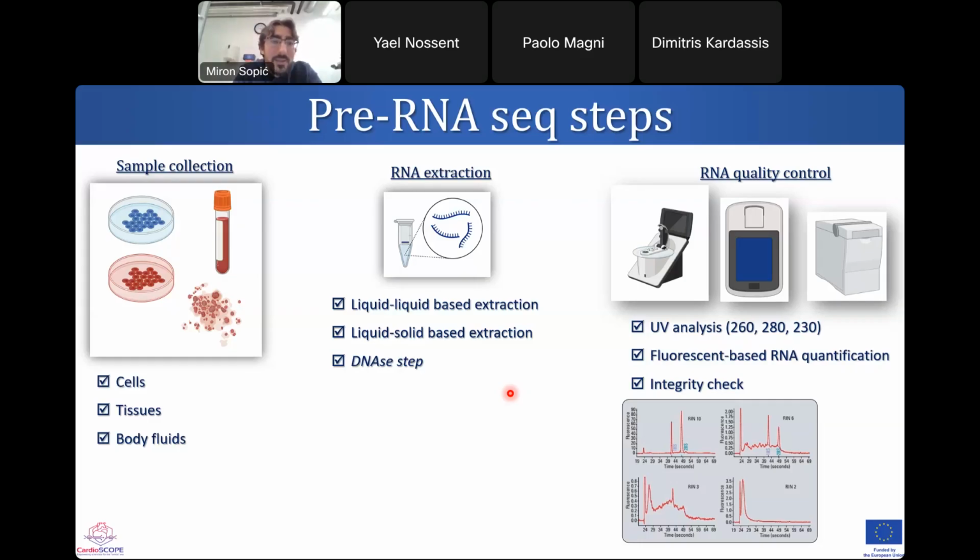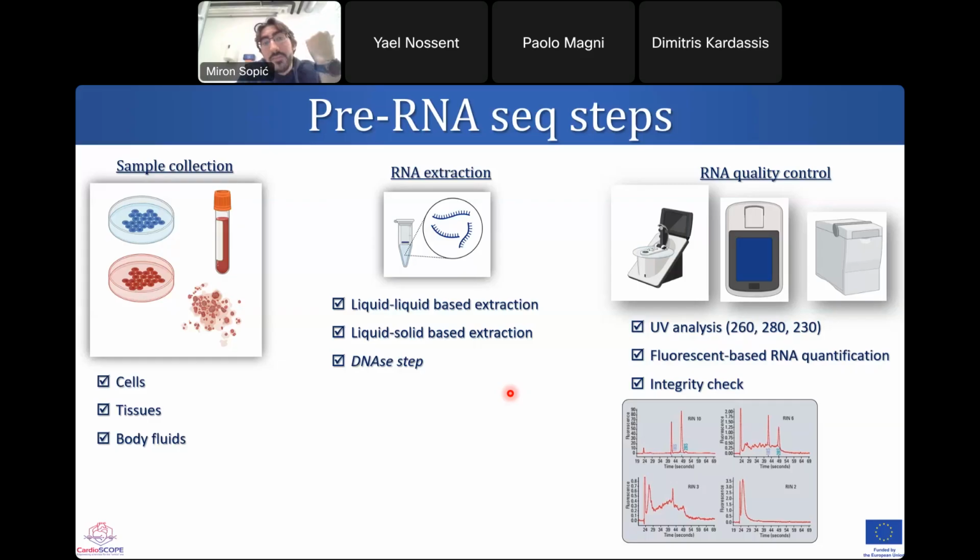I think that also contributes to the challenges when you want to do RNA sequencing. On one side, plaque is a very rare sample, and it's very precious. And from this type of sample, you get very low amounts of RNA, and then again, you need to think about the sequencing that you are going to do.